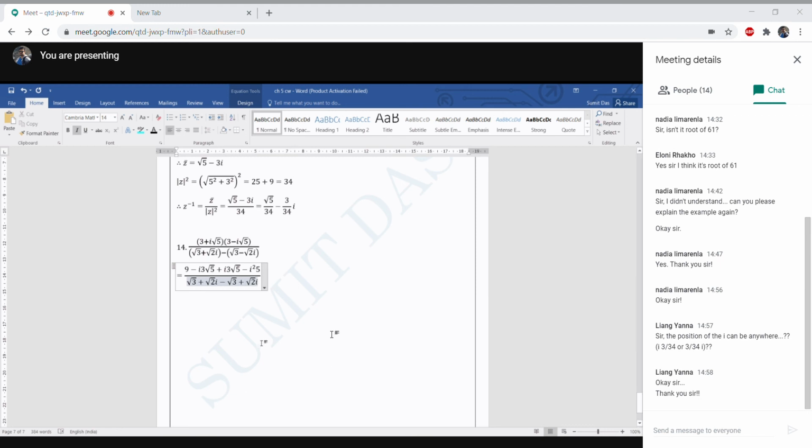So you can see something can be cancelled: minus root 5 i and plus root 5 i cancel, and in the denominator minus root 3 and plus root 3 cancel. Then the numerator will be 9 minus i square 5, and i square is minus 1, so it will be plus 5. Denominator will be root 3 i plus root 3 i, which is 2 root 3 i.